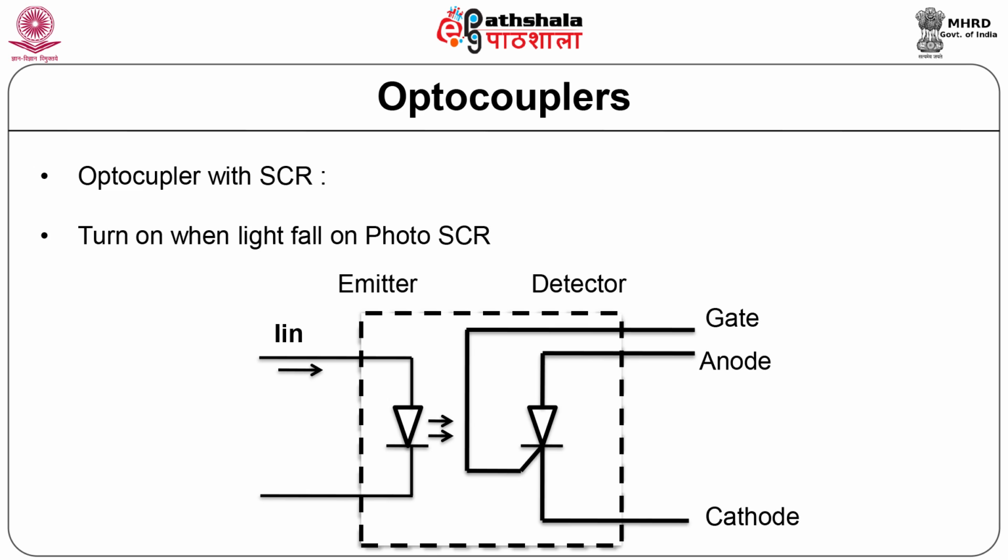Steady state DC can be used as the supply voltage, causing the output to be latched on when the SCR is energized. This type of circuit is applicable for security or fire alarm systems.